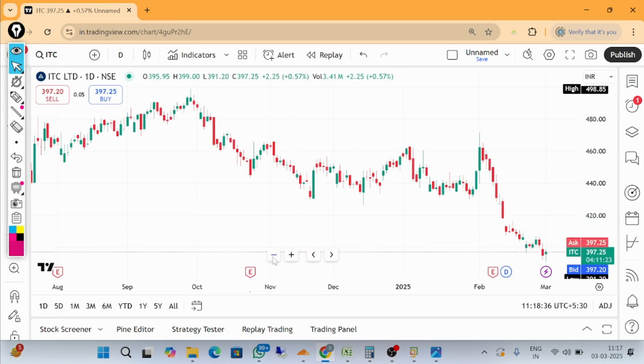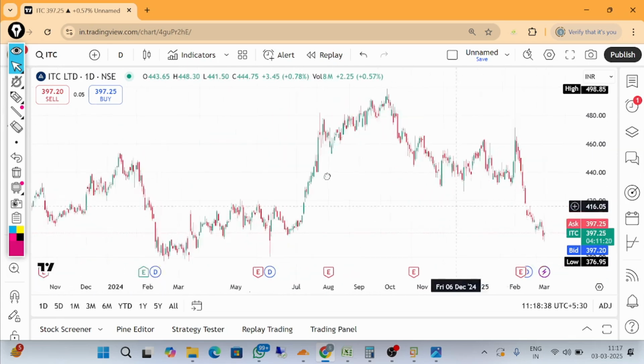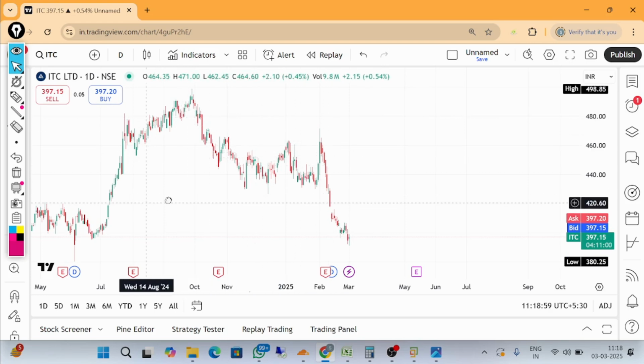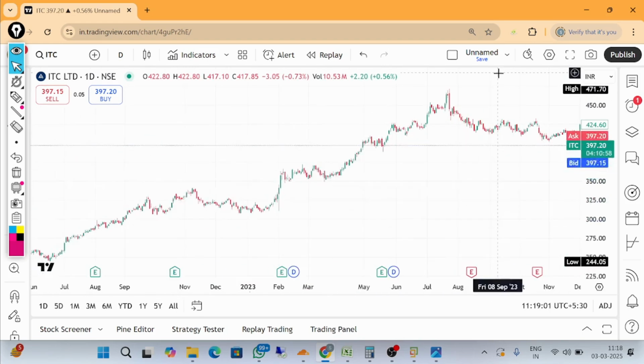Now currently ITC's today's date is 3rd of March 2025. We will not take it right now, because right now you can conclude it like this one being the top, and you can see how it works. But before that, I want to show you the past points.